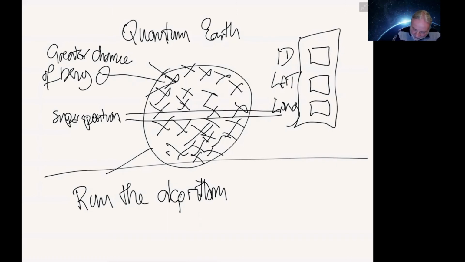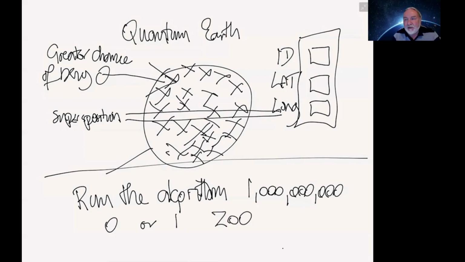And we run the algorithm millions of times. The more, the merrier. There's a billion times we can run it if needs be. And remember, when we measure the qubit, all we get is a 0 or 1. That's why it's called a zoo paper, 0 or 1.